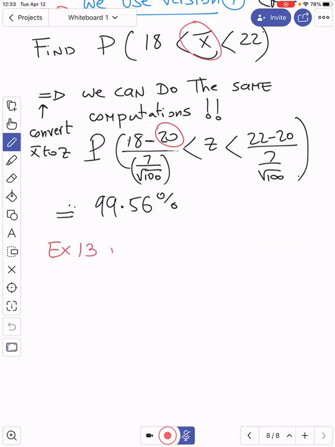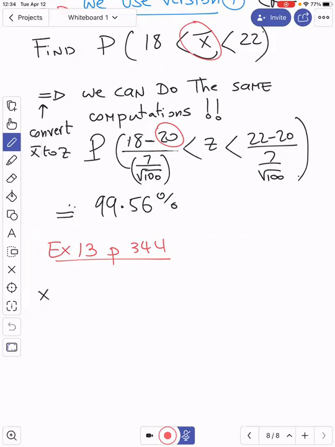So 13, page 344. What does it say? Coal is carried from a mine in West Virginia to a power plant in New York in hopper cars on a long train, etc. The actual weights of the coal.